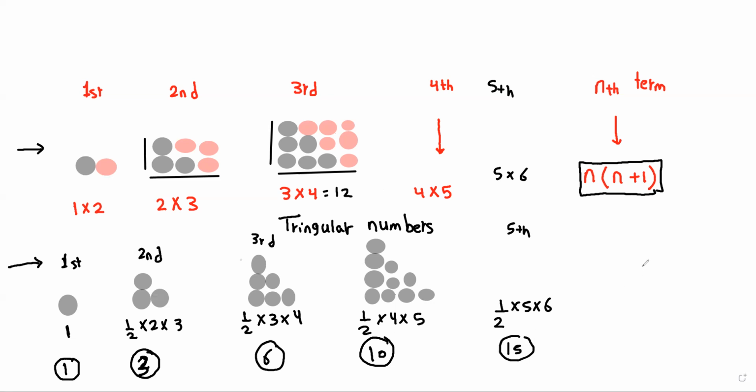So what about the nth term of triangular number? The nth term is going to be half n multiplied by n plus 1. Half of n multiplied by n plus 1. So if I ask you to find the 10th triangular number, what is the 10th triangular number?